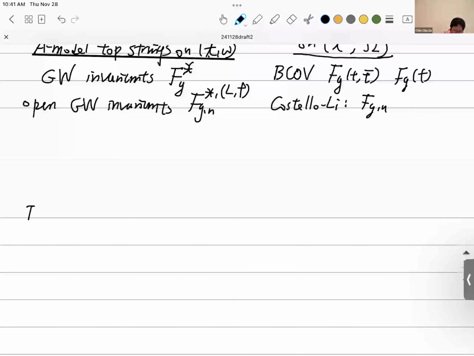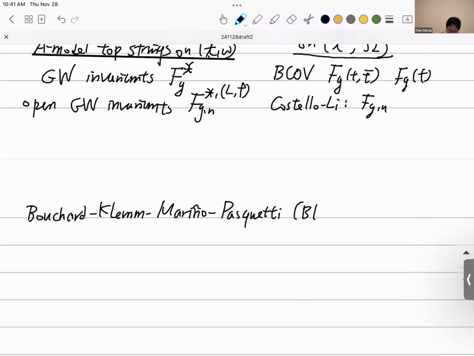So what is the Bouchard-Klemm-Mariño-Pasquetti, or BKMP, remodeling conjecture?